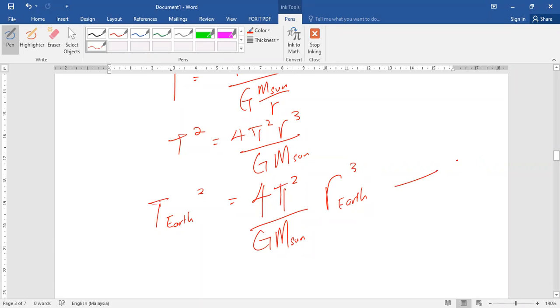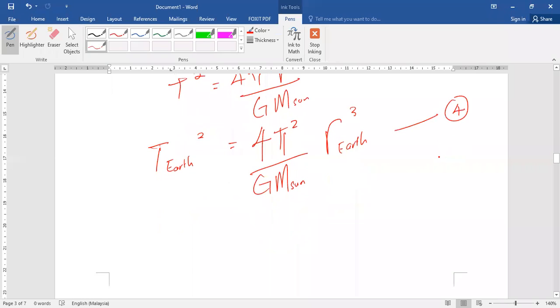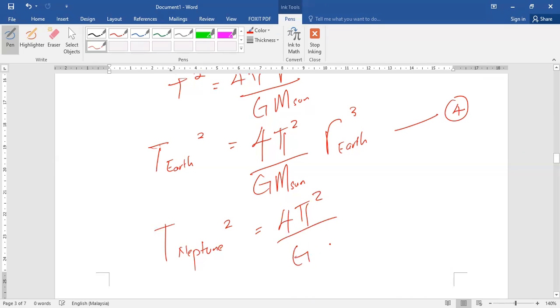Let's say this is equation number 4. For Neptune, T Neptune squared will be equal to 4 pi squared over G M sun times R of Neptune cubed as well. So this will be equation number 5.